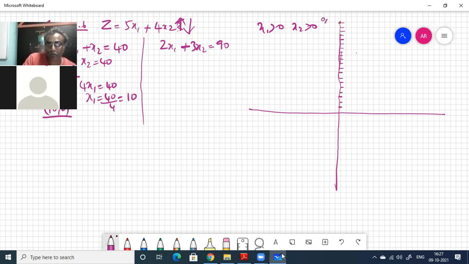So 0, 40 is there. The other point you have to plot now is 10, 0. You put 2, 4, 6, 8, 10. This is 10, 0. So this is how you should do it. Now you have to join these points.